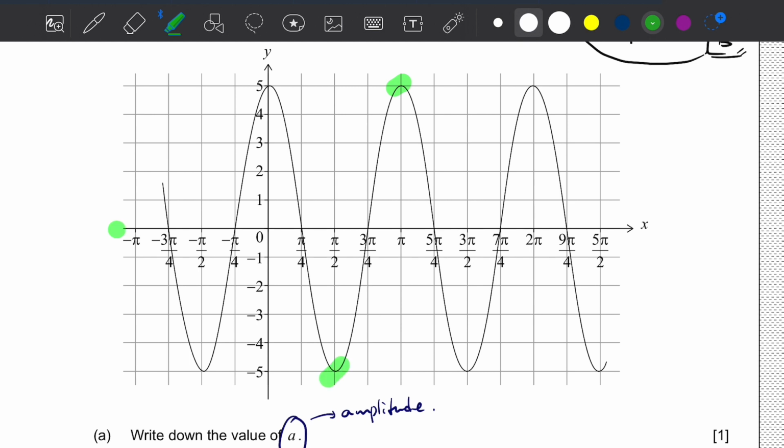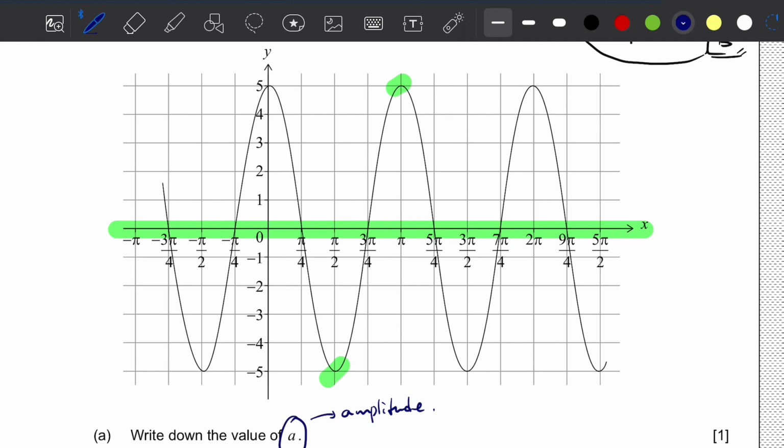Then the line that goes through the center of the graph is at y equals 0. So the length between the maximum point and the principal axis refers to the amplitude, and is the a value. So a is equal to 5.